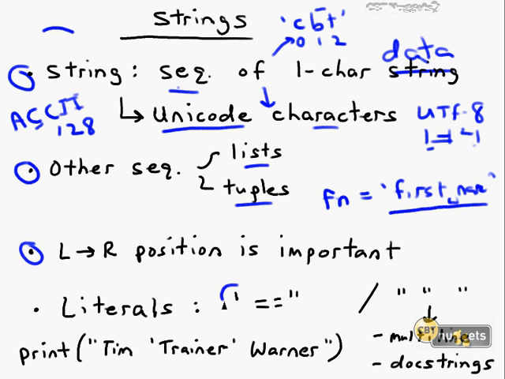Now you'll note here that we can use in Python either single quotation marks or double quotation marks. The deal with that is you just need to be consistent when you combine them. Depending upon the rules that govern your programming shop, you might have standardized on one or the other, but the Python interpreter doesn't care. Now, if you look at my example at the bottom of this whiteboard, if I wanted to create or print out a literal string, Tim Trainer Warner, I could wrap the string itself in single or double quotes.